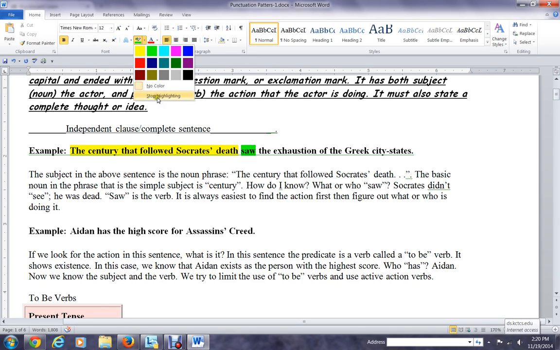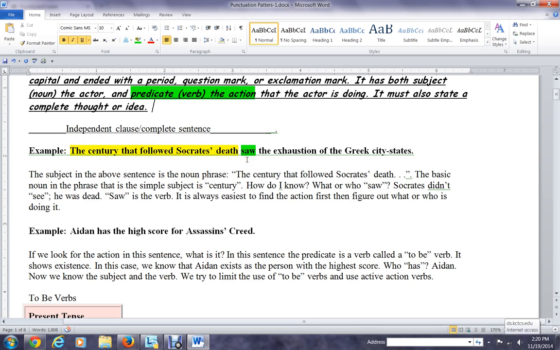Okay, so we know that this is your noun, this is the actor, and this is the action. It's easier to find the action first. Find the action first, and then find what is doing or who is doing the action, and you'll find your noun, your subject.